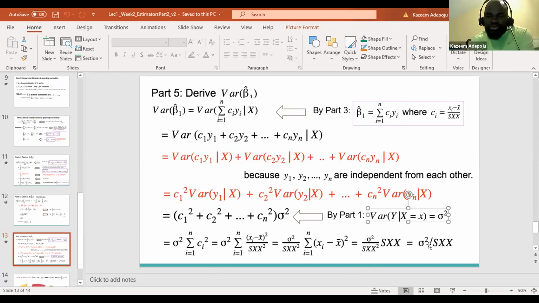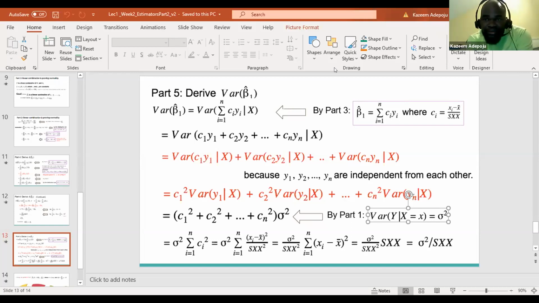This is what we want to prove. Therefore, we have been able to prove that the variance of beta 1 cap is this guy here. Is there anyone who needs clarification on that?